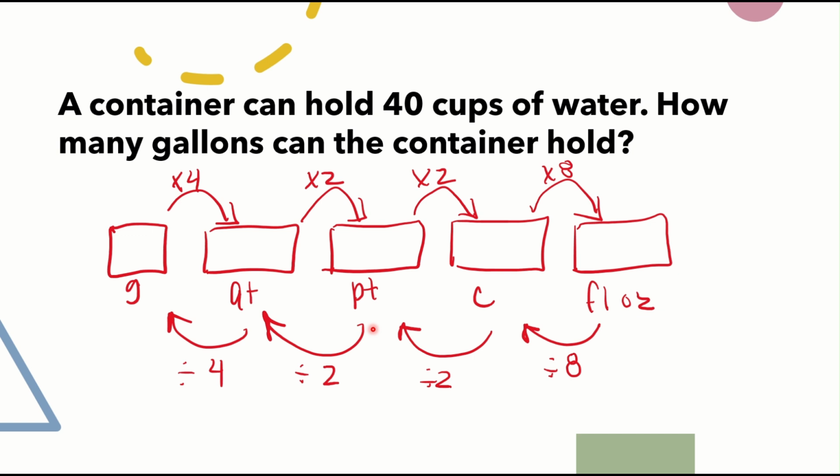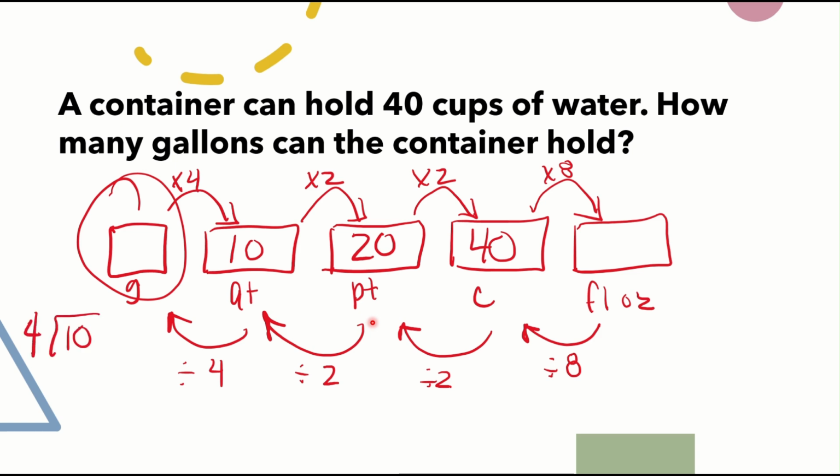Now place in what we know from our problem. We know we have 40 cups, and we're trying to convert those into gallons. So we're going from a small unit to a large unit, so I would divide. 40 divided by 2, I get 20. 20 divided by 2, I get 10.